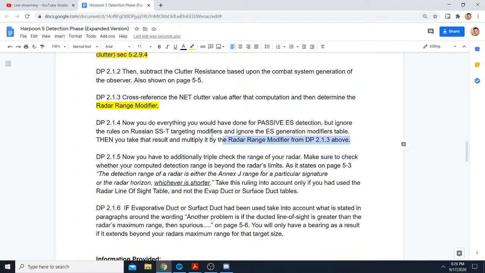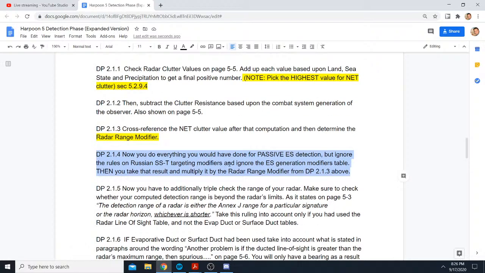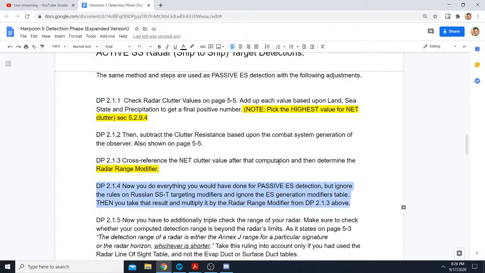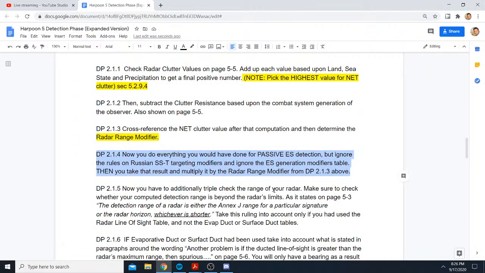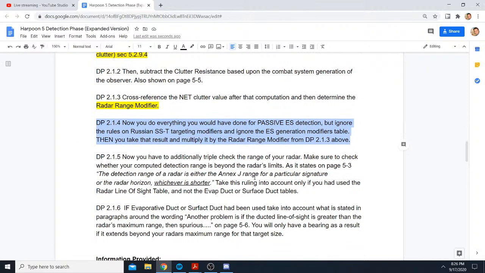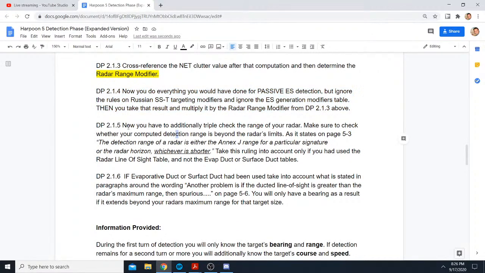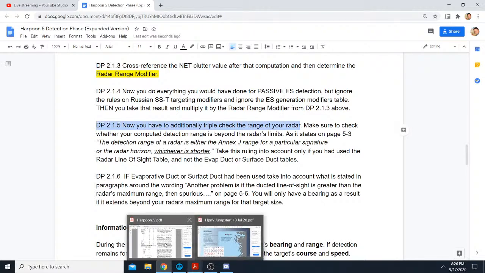So as I mentioned before we started on those first 3 steps, you do pretty much everything we did before. But you ignore the SST targeting modifier, that additive modifier, as well as the ES generation. But very similar, pretty much the same as the ES determination.